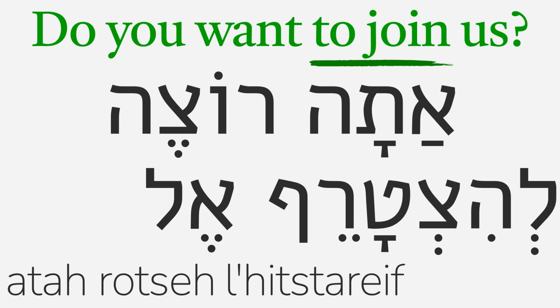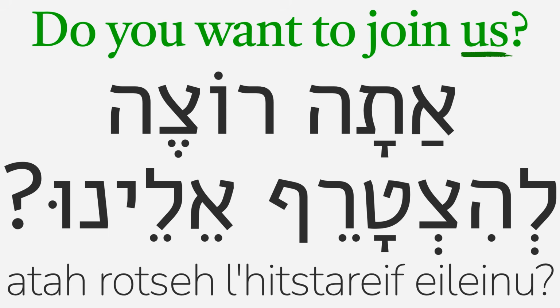I'll use el, and on it put a suffix that means us. This suffix for prepositions like el is enu. Elenu, to us. Ata rotze lahitstaref elenu? Do you want to join us? Ata rotze lahitstaref elenu?